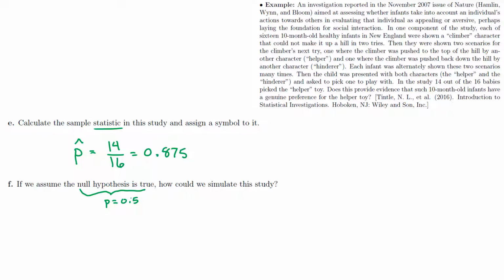And if this percentage is 50%, then the infant's choice is essentially like a coin flip, right? They're just doing it randomly. And so we might as well be flipping a coin, heads or tails, and deciding helper or hinderer based on that. That analogy is exactly how we're going to simulate this study.